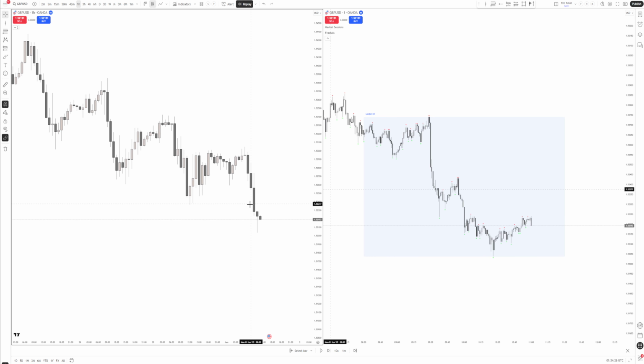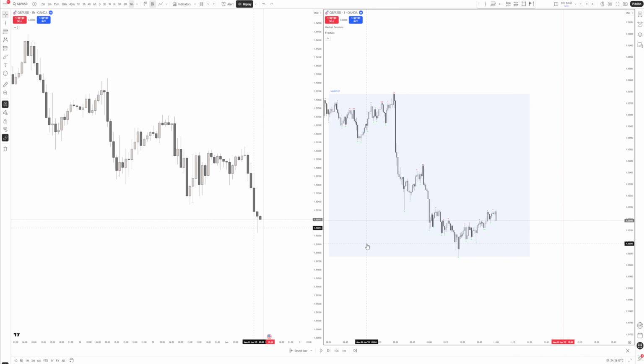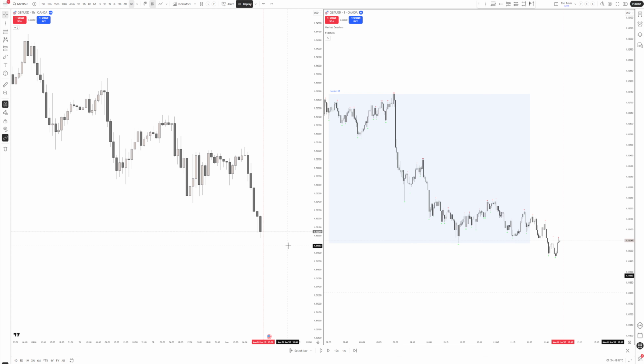So for me to get a better confirmation, what I would do in this instance is I would wait for the 12 p.m. candle to be the same color in the direction I want to go. And there you go. So we completely avoided it being a fake out.